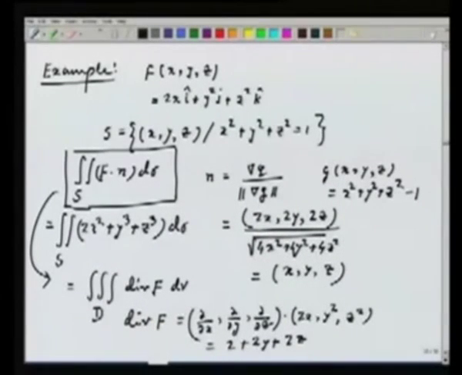So by Gauss divergence theorem, this quantity is exactly the same as the surface integral which I have written here, which usually is very difficult to calculate. But if you use the divergence theorem of Gauss, then it becomes much easier. So many surface integrals, which are usually more complicated to compute, can be transformed to a triple integral by using Gauss divergence theorem, and then it might become easier to calculate.